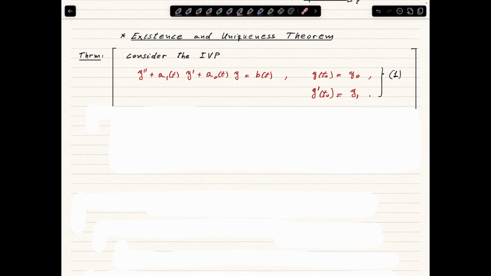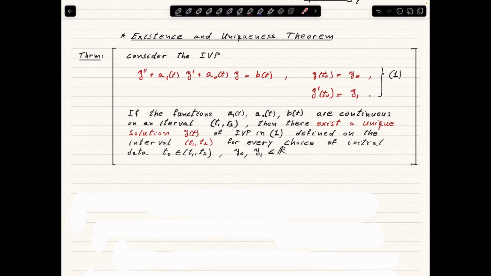So we are going to study that problem, and what people have found is the following. If the functions a1, a0 and b, the coefficients and the non-homogeneous term, are continuous functions on some interval (t1, t2), then that's all we need.